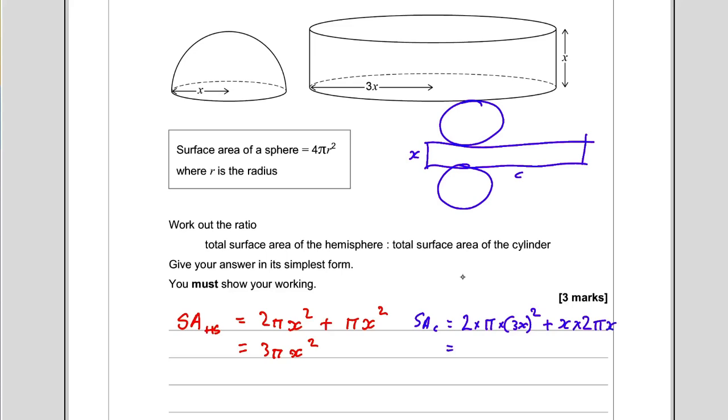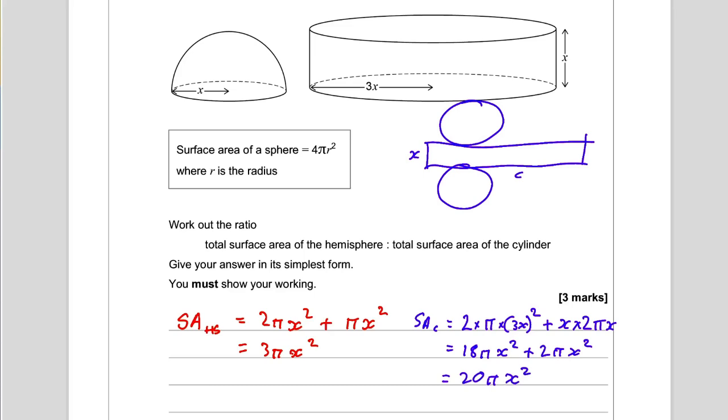Right, so this is going to give me 2 times 9, that's 18 pi x squared, plus 2 pi x squared, which is going to give me 20 pi x squared.